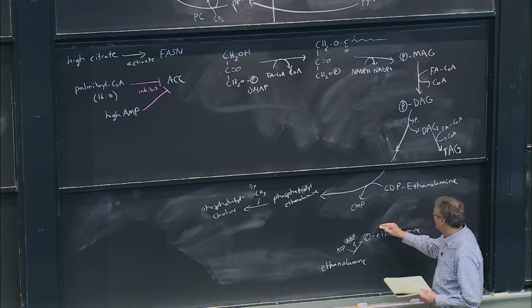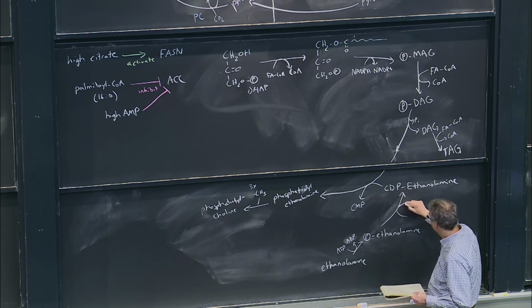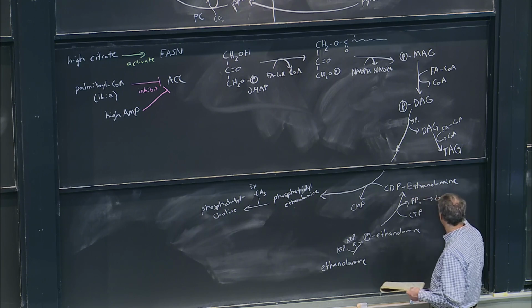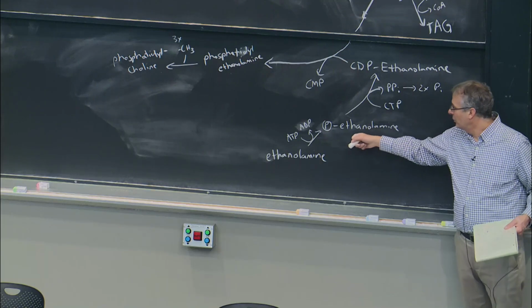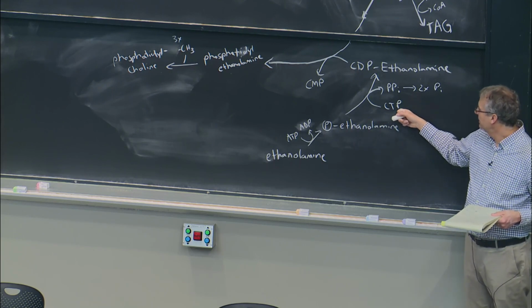and then that phosphoethanolamine can react with a CTP, releasing a pyrophosphate, such that the phospho from the ATP is replaced by the CDP.